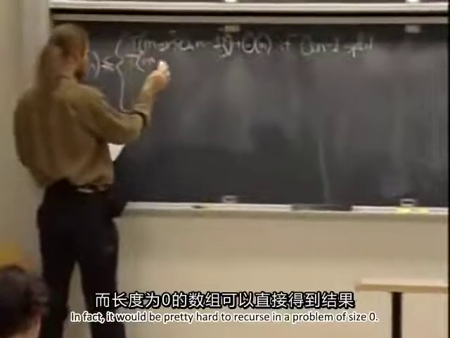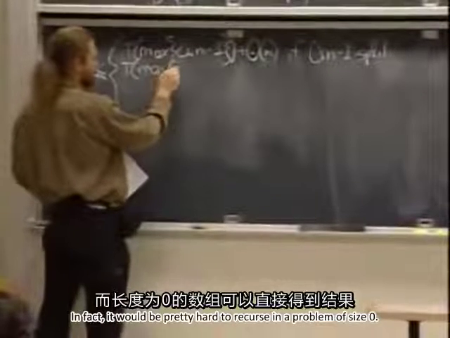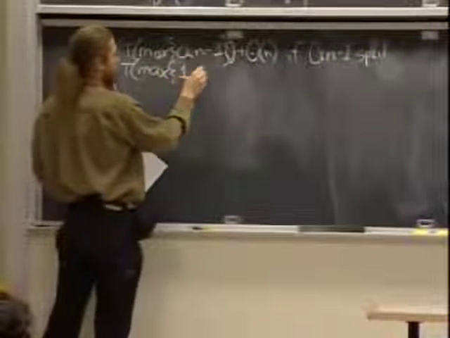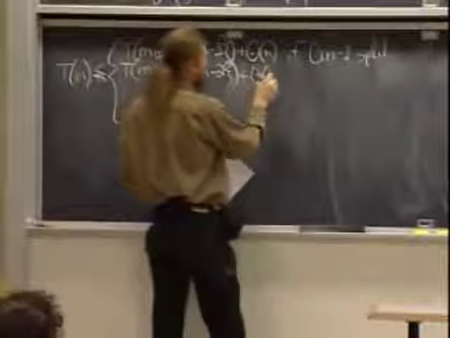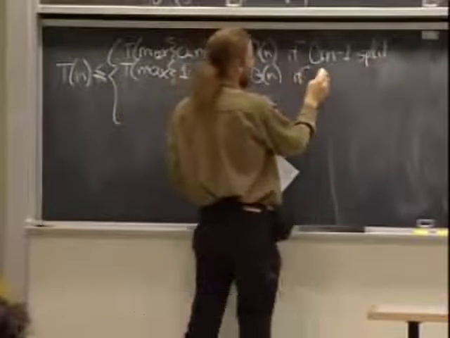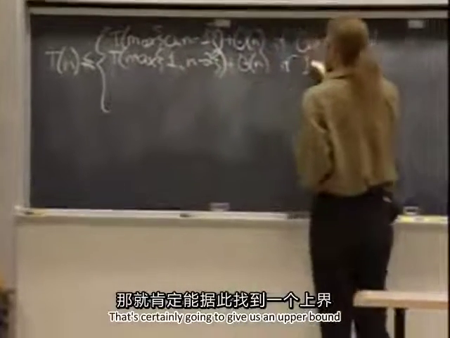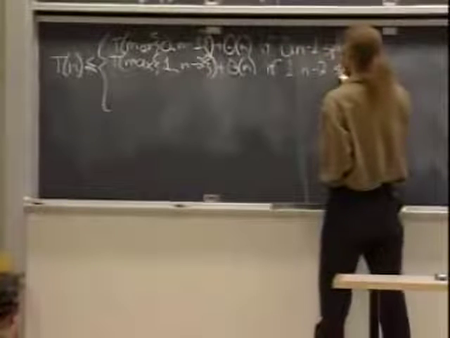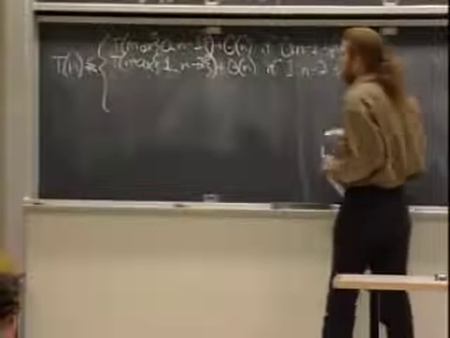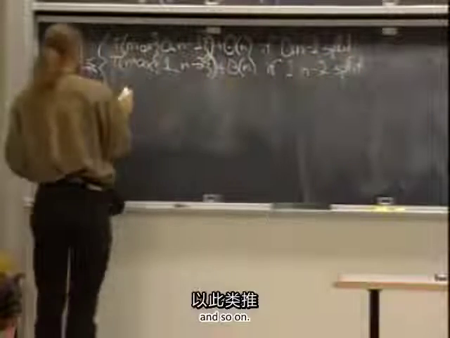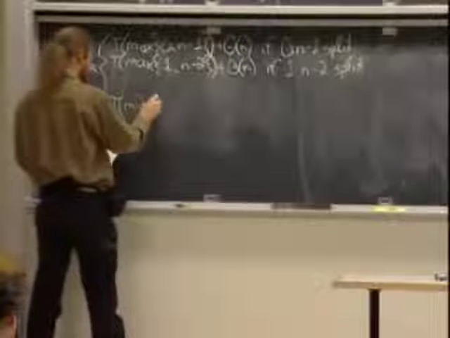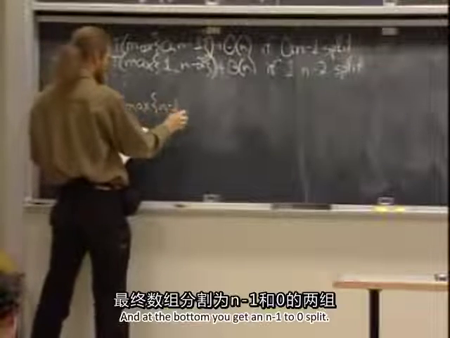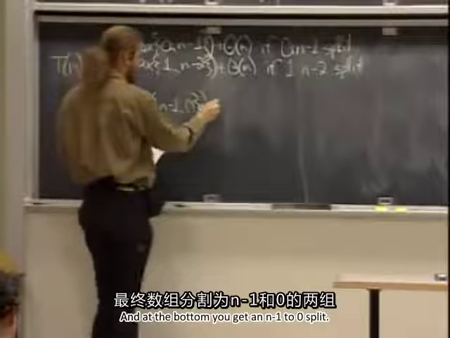In fact, it'd be pretty hard to recurse on a problem of size 0. If we have a 1 to n minus 2 split, then we take the max of the two sides. That's certainly going to give us an upper bound. And so on. And at the bottom, we get an n minus 1 to 0 split.